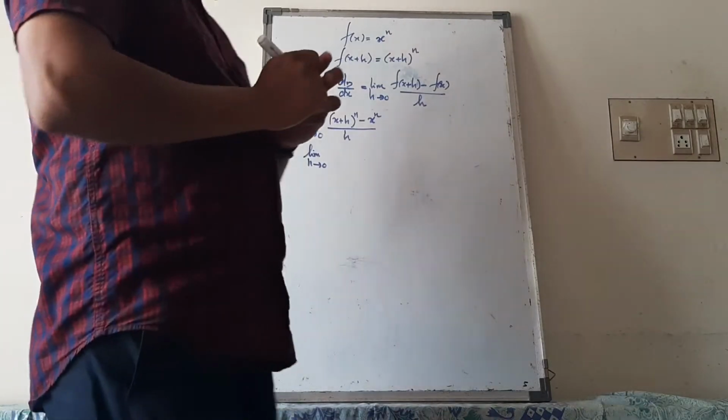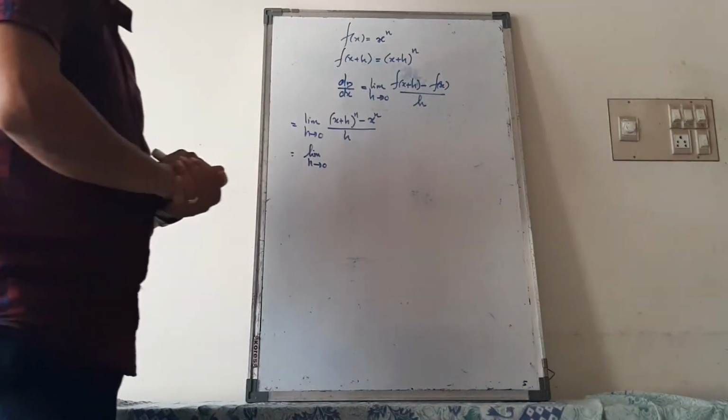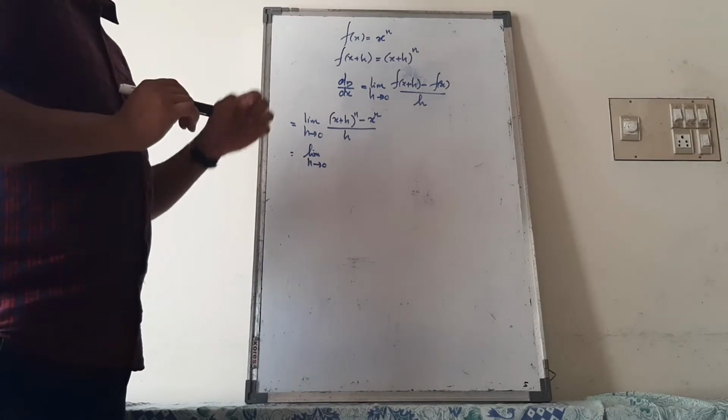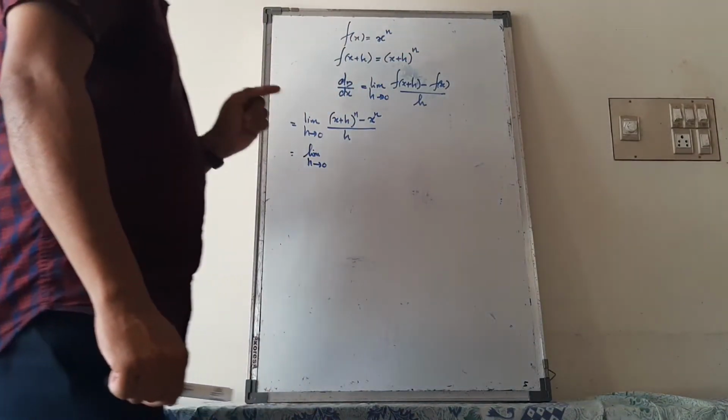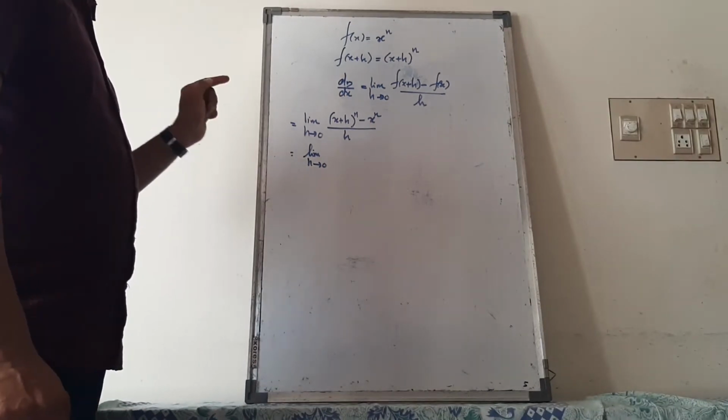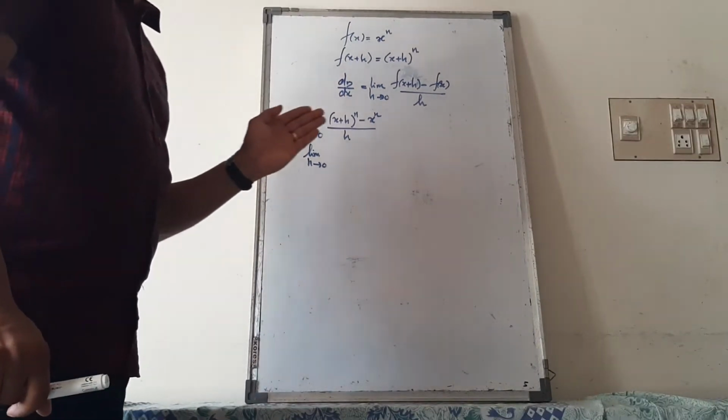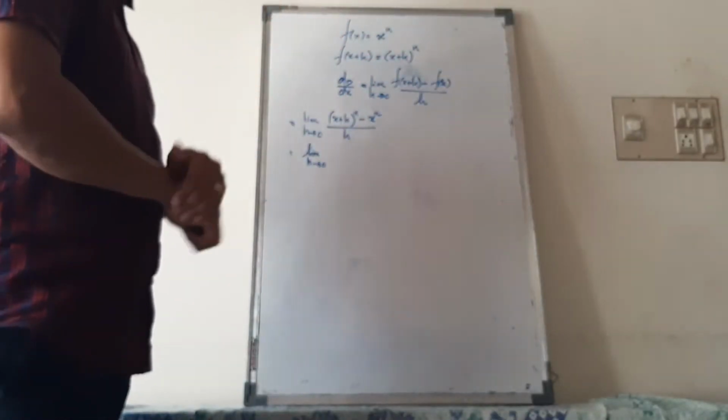The binomial theorem: a plus b the whole raised to n equal to nc0 a raised to n plus nc1 a raised to n minus 1 into b plus nc2 a raised to n minus 2 into b square plus etc. plus ncn b raised to n.